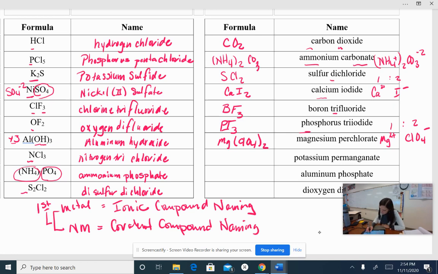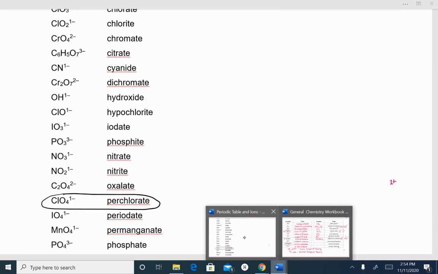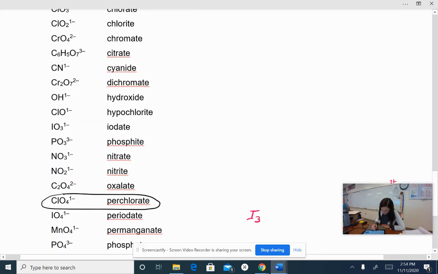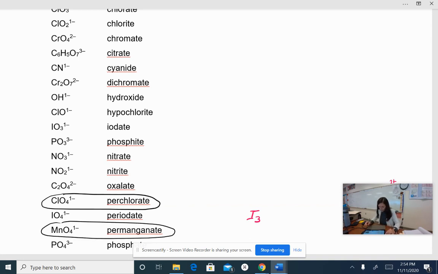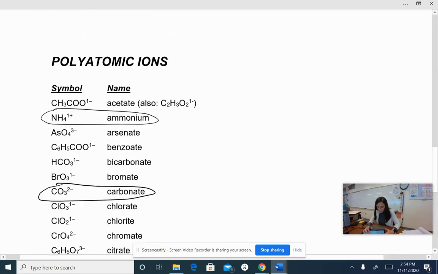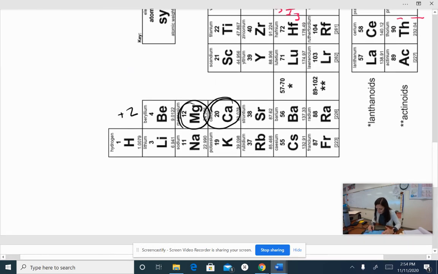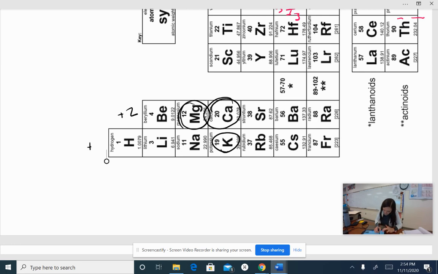Okay, potassium. Potassium is a metal as well. And we have permanganate that we're going to be using. So permanganate is MnO4 -1. And potassium is in the very first column. So it is a +1 charge.